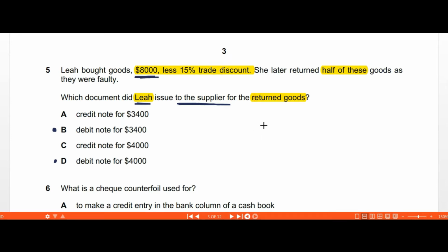So the actual amount that she owed was 8000 less 15%, and if we deduct 15% from 8000, the amount that we are left with is actually 6800. So she actually owes 6800 and she is returning half of it, so half of it will be 3400. So we can say that she is issuing a debit note of 3400.